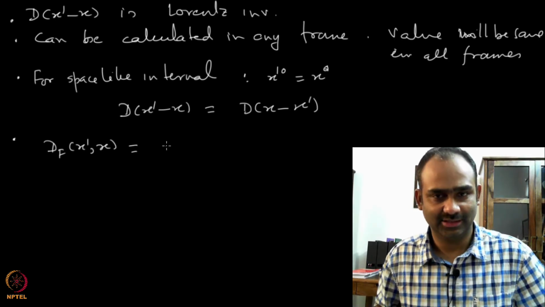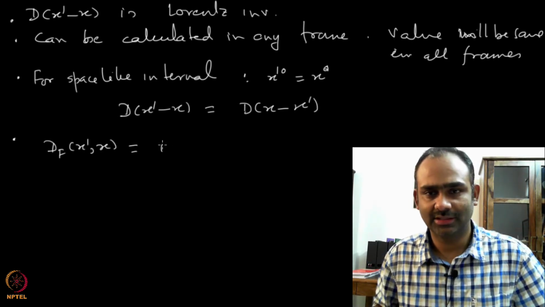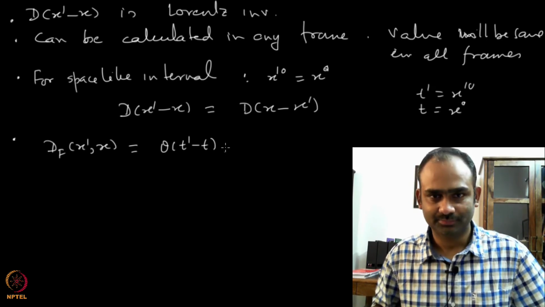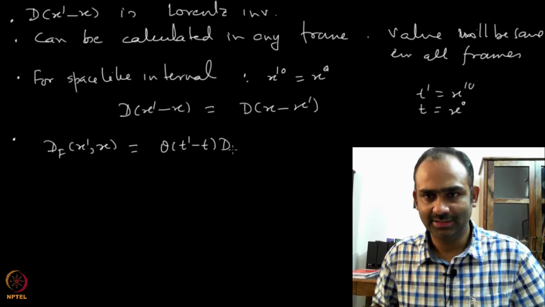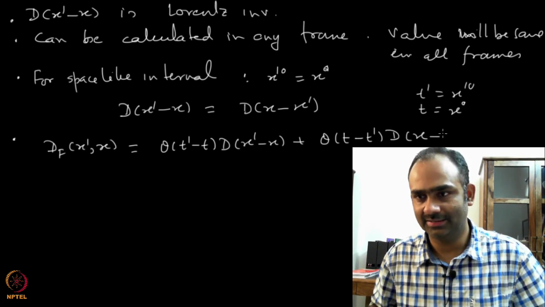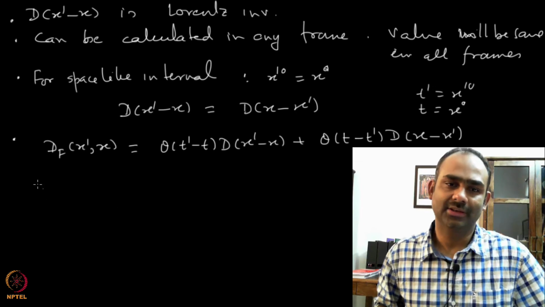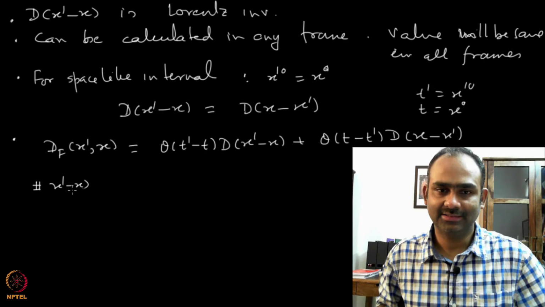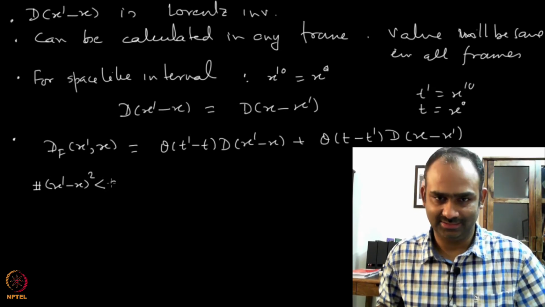Now let us write it back again. This was theta of t prime minus t. So, let me write down t prime is x prime 0 and t is x 0. And we had d of x prime minus x plus theta of t minus t prime d of x minus x prime. Okay. So, let us take first the case where x prime minus x is space-like, the interval is space-like.